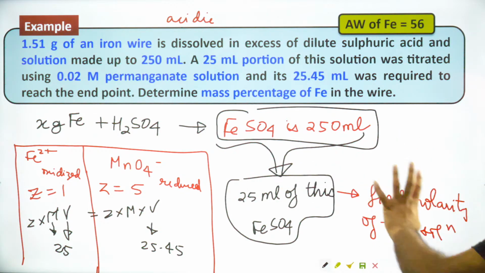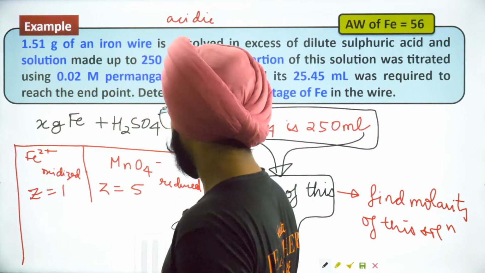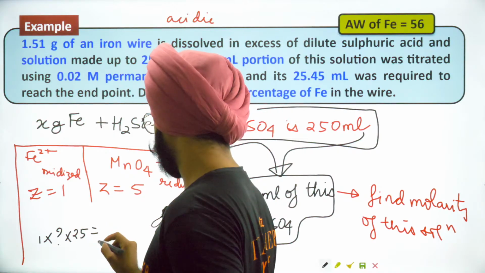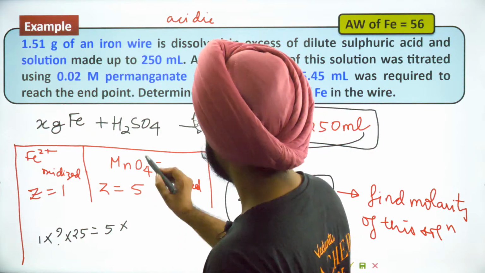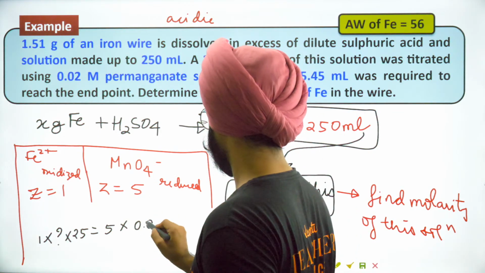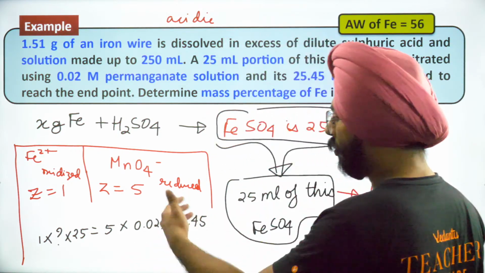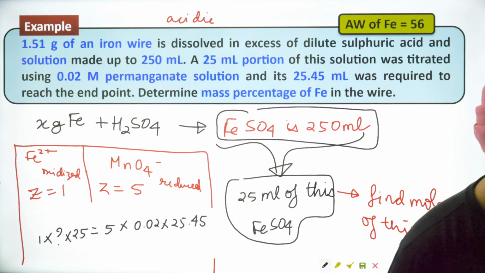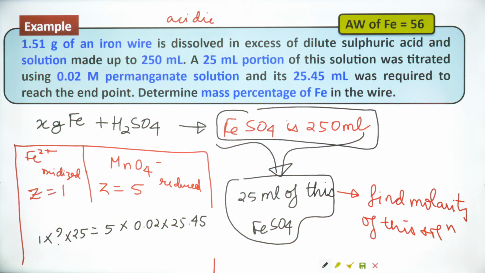Cool. This process is clear, I hope. So let's just do the ZMV for these two solutions. 1 into question mark into 25 is equal to 5 into 0.02 into 25.45. If you want to be super accurate, you can do this entire calculation. Let me do it accurately so that we get a proper answer.